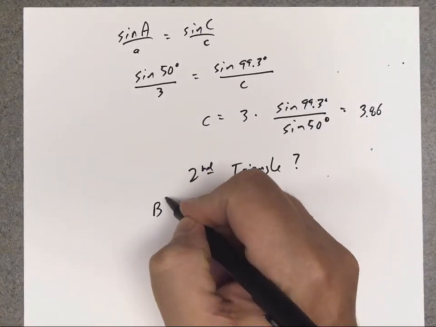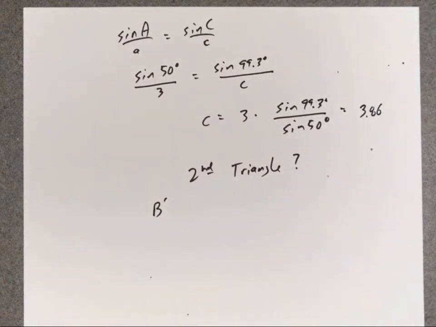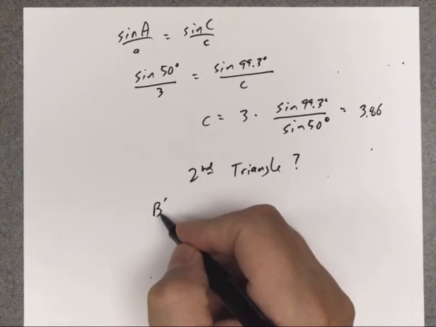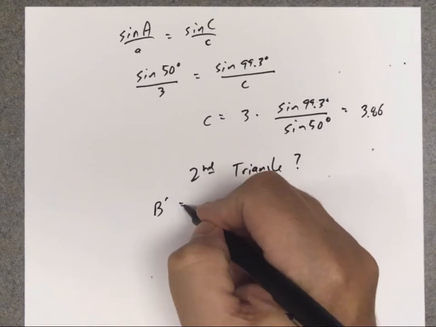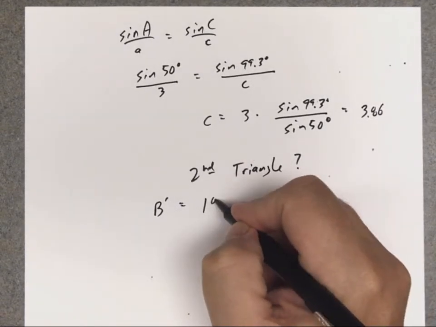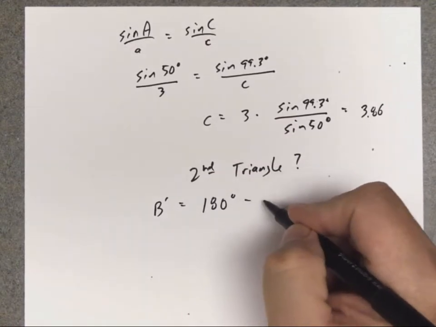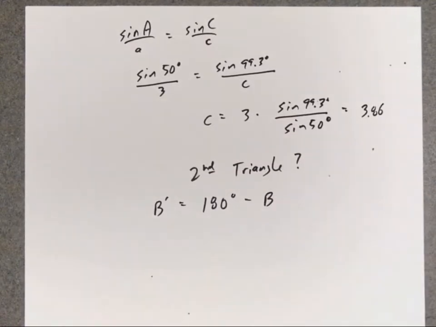For the second triangle, I'm going to put a little dash up at the top. So this means this is angle B of my second triangle. Angle B of my second triangle, if it does exist, is simply 180 degrees minus my original angle B.